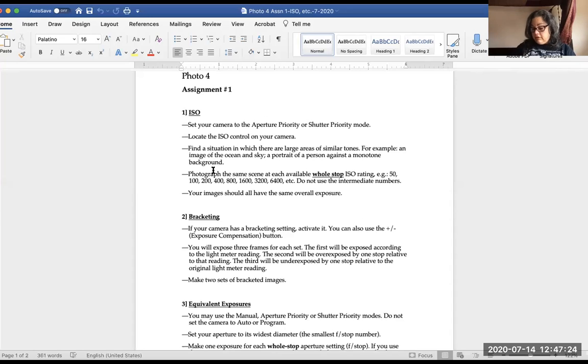So if you look here at number 1 ISO and then go down to the fourth little indentation, photograph the same scene at each available whole stop ISO rating. For example, 50, 100, 200, 400, 800, 1600, 3200, 6400.